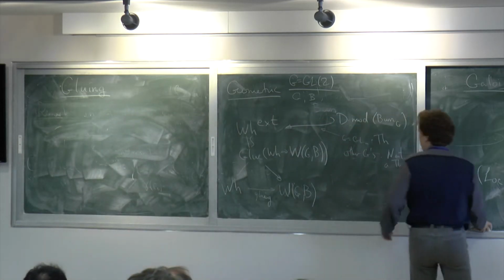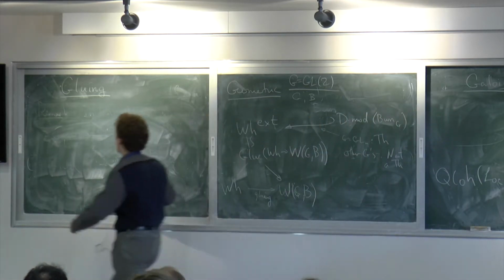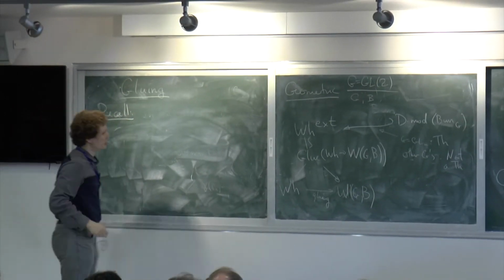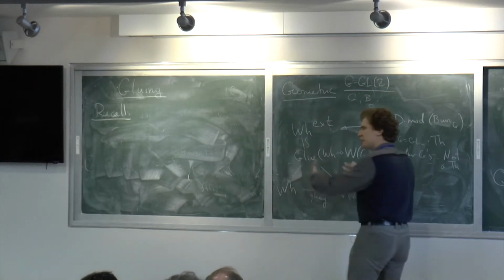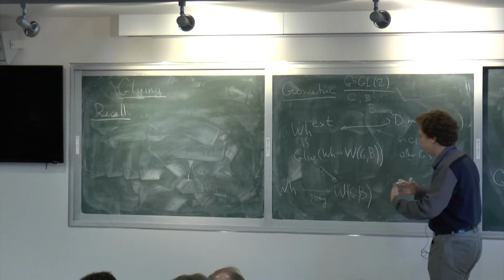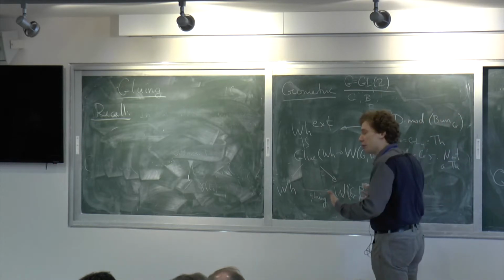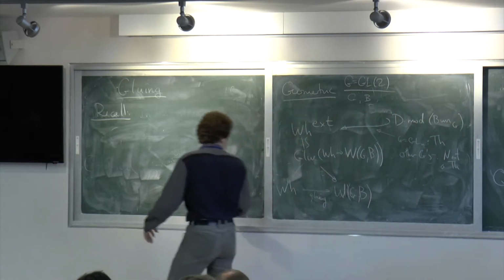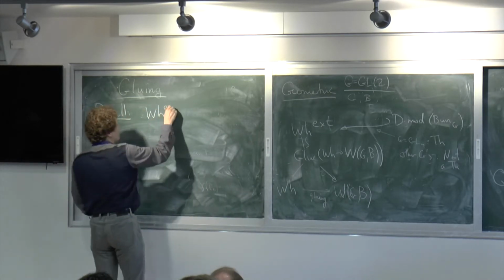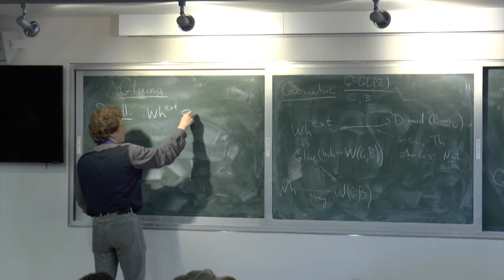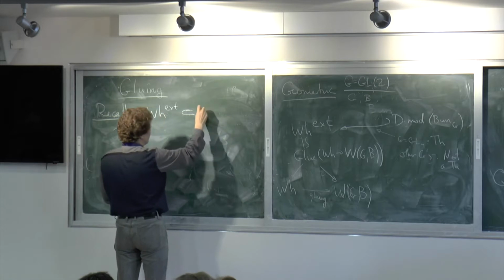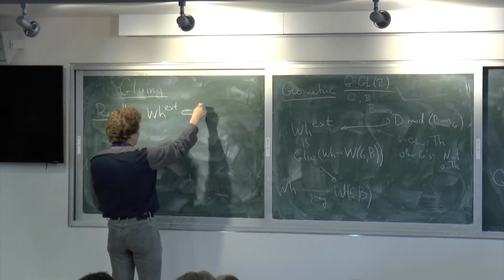So recall, I don't really need details at this point, that these various Whittaker categories were defined as full subcategories of certain categories of D-modules. Specifically, this extended Whittaker category, let me just denote it by Q extended.